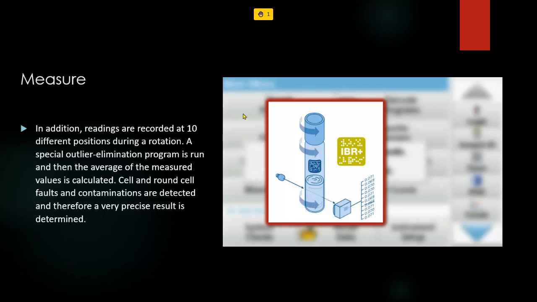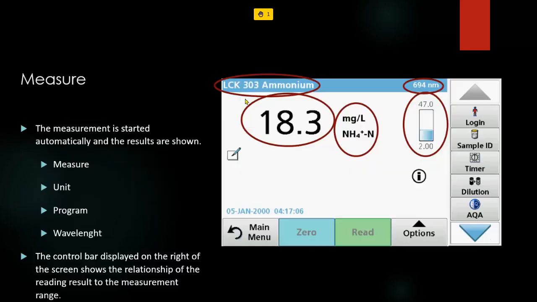The instrument makes 10 different measures to have a more precise, more accurate measure of absorbance. And in case there are values that are outliers, for example, because there is a spot, a dot on the cuvette, that reading is eliminated. So we have a more precise and accurate measure.